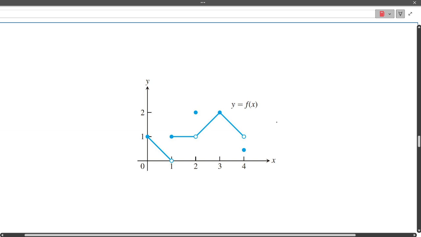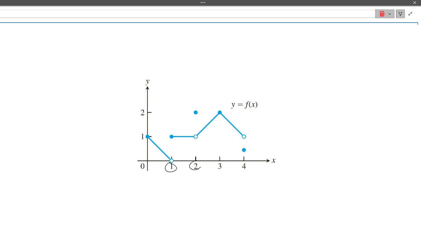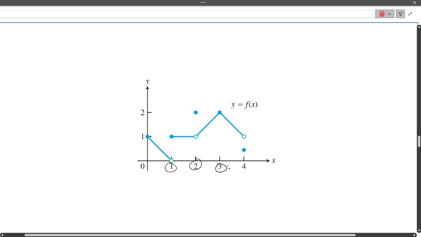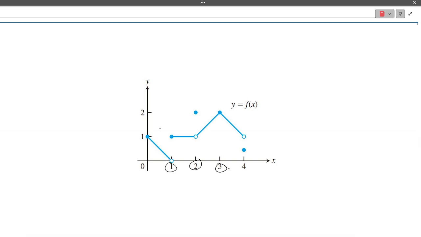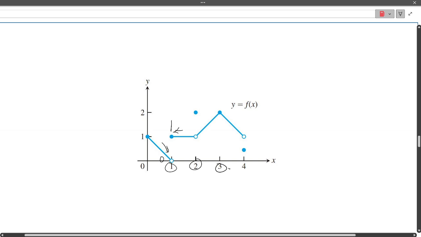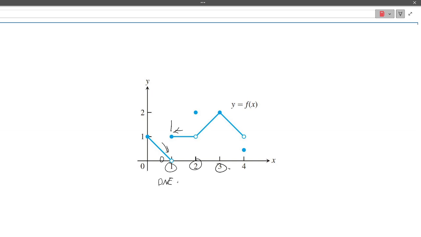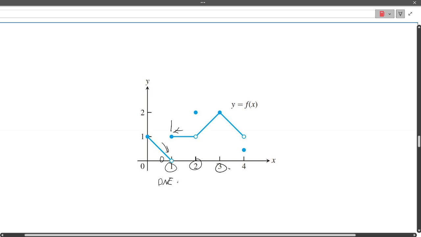Let's analyze the limit at 3 points: 1, 2, and 3. At x equal to 1, the left-hand limit is 0, and the right-hand limit is 1. Since these are not equal, the limit does not exist. If you find it challenging to analyze the limit at x equal to 1, here's a helpful tip.